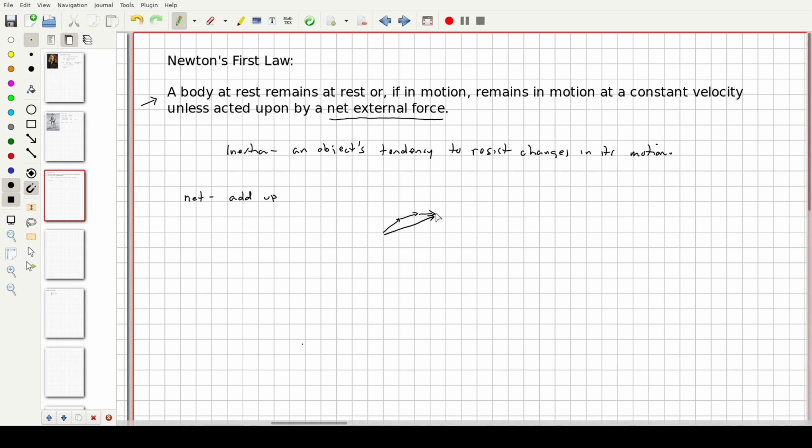That is the addition of vectors to find the net vector. You add them up. External means outside of.